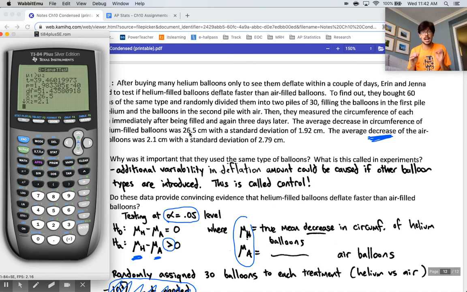It's pretty obvious that is a big difference right there. That difference, that ginormous, is almost like it's not due to chance. It's just not. And if you look at the p-value, I have to move my decimal 40 places over. It's basically 0. It is so unlikely that those results just occurred due to chance. It pretty convincingly tells us, hey, the helium does deflate faster. That's what's going on right there.